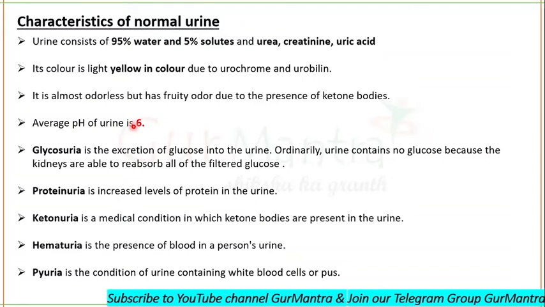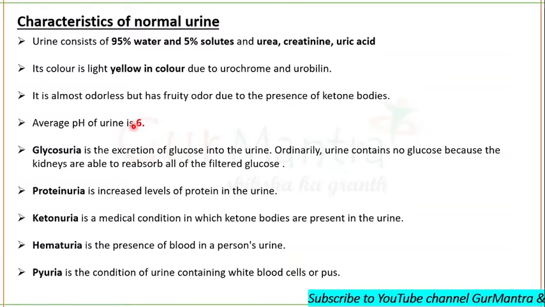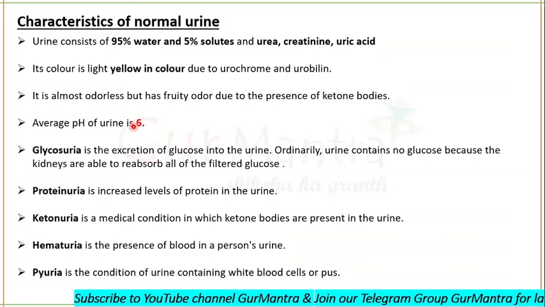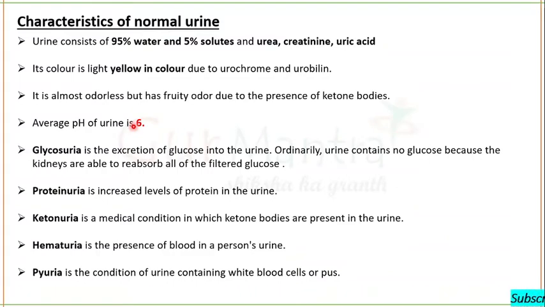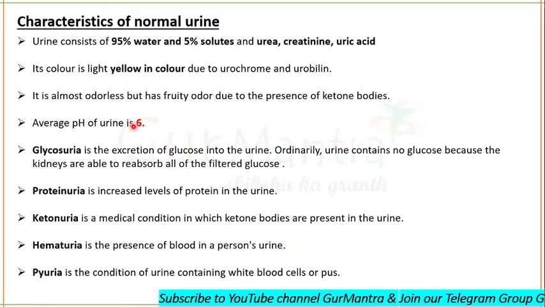But if you are on a very vegetarian diet, which is low in protein, it will increase the alkalinity. You sometimes also study specific gravity. I just want to tell you that the higher the concentration of solutes, the higher the specific gravity.